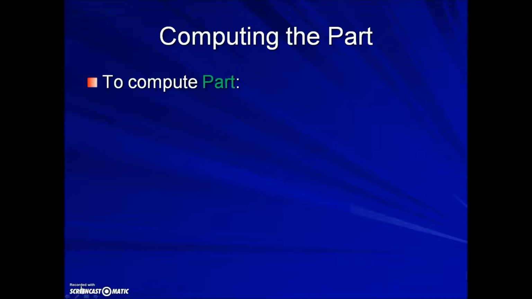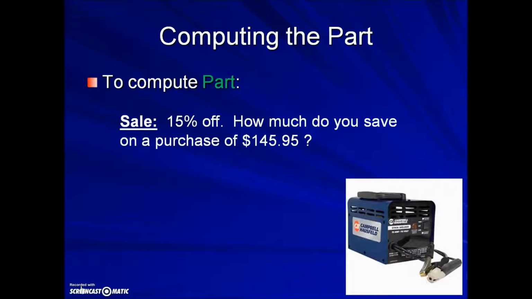To determine a discount, we're going to be looking for the part. To calculate part, we take base, total quantity, times the rate, and the rate needs to be expressed as a decimal. As an example, we have a sale of 15% off. How much do you save on a purchase of a welder costing $145.95?